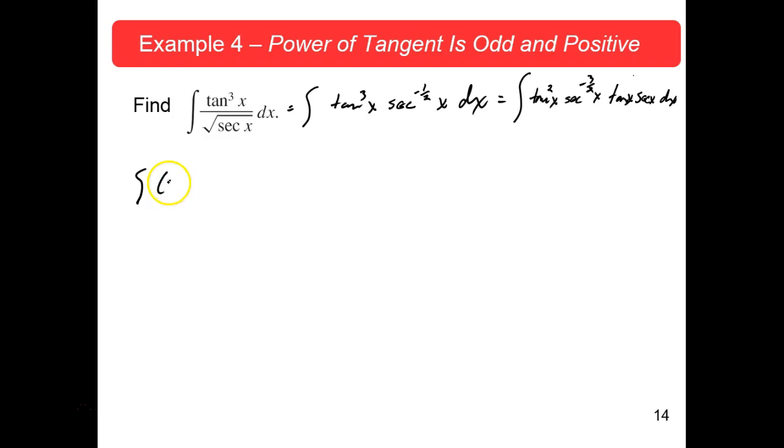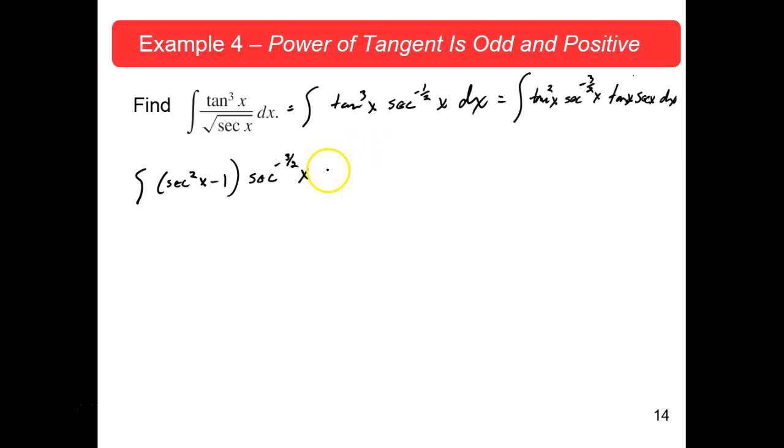Secant squared minus 1. Get to know your Pythagorean identities. They're your friends here, folks. Big friends. Okay? And that's going to be times secant to the minus 3/2 x.